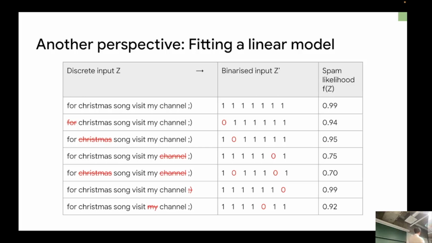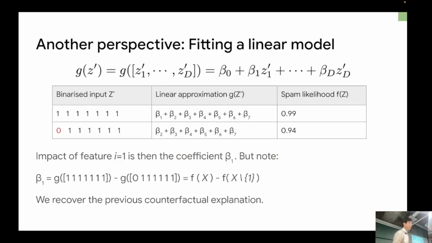So the first entry is indicating the presence of 4, the second Christmas, etc. So you can turn this discrete input into binary input, and now you have the original span likelihood. Between these binary features and the span likelihood, you can fit a linear model. That's what you're trying to do here.